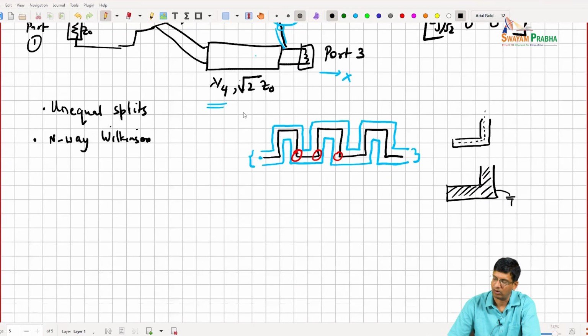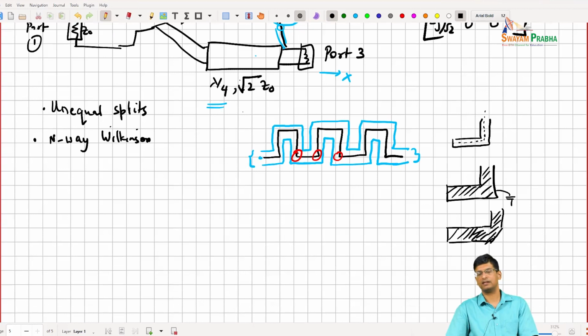So what is traditionally done is that when we have the bend, we chamfer it. So we make the bend like so. This basically reduces the signal trace width a little bit, which reduces the capacitance, which compensates for the fact that the bend has some capacitance. So this is a conventional way of doing this.